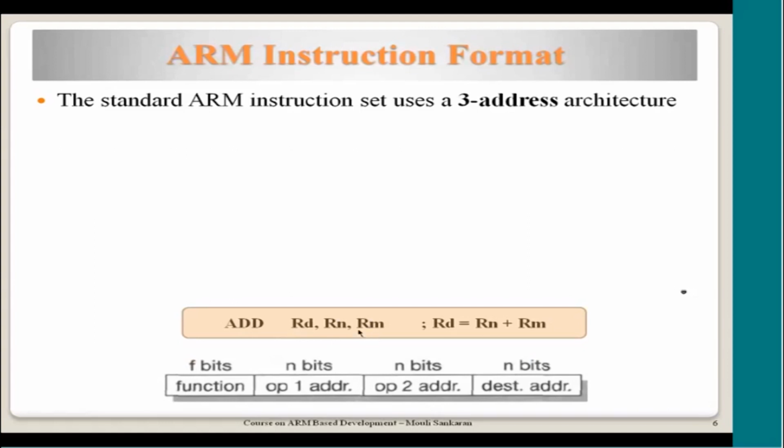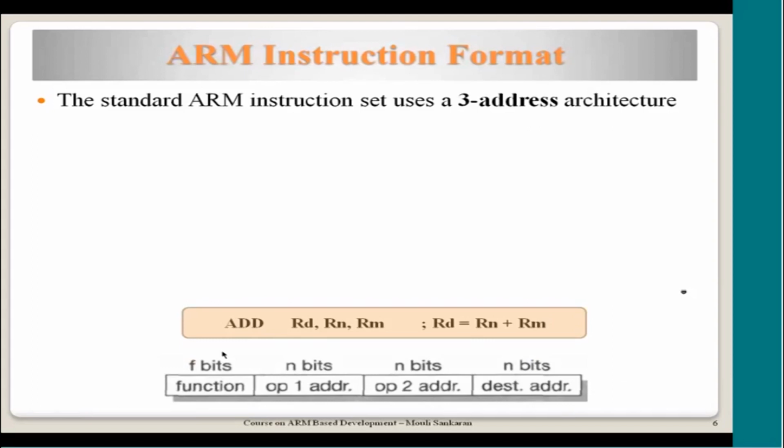They get added, and the result is put into Rd, the destination register. Now these registers could be anything from R0 to R15, and you have to remember that R15 has some special restrictions because that is the PC, the program counter. Other than that, other registers could be used here to perform this operation.